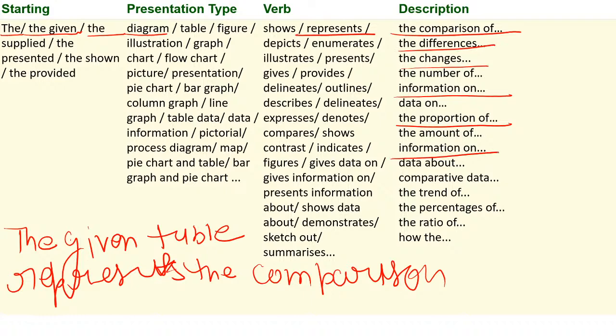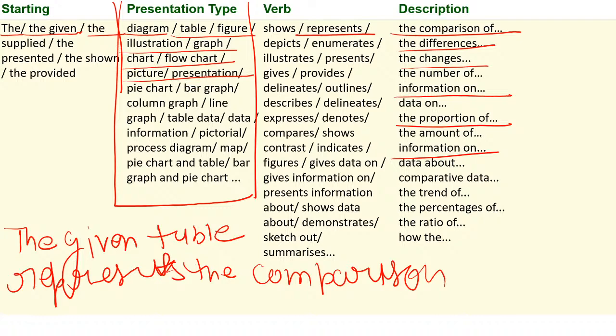This is the starting, presenting the type. You can write about table, figure, illustration, chart, picture, pie chart, column, table chart, data, information. Further, you can use verbs like depicts, enumerates, which is another good word, delineates, or expresses, which is another uncommon word.